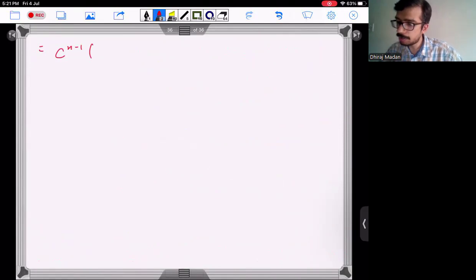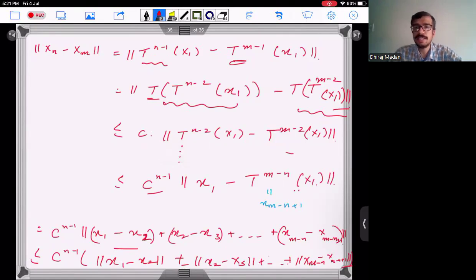And now what I have is the distance between x1 and x2. And x2 minus x3 is essentially again just Tx1 minus Tx2.